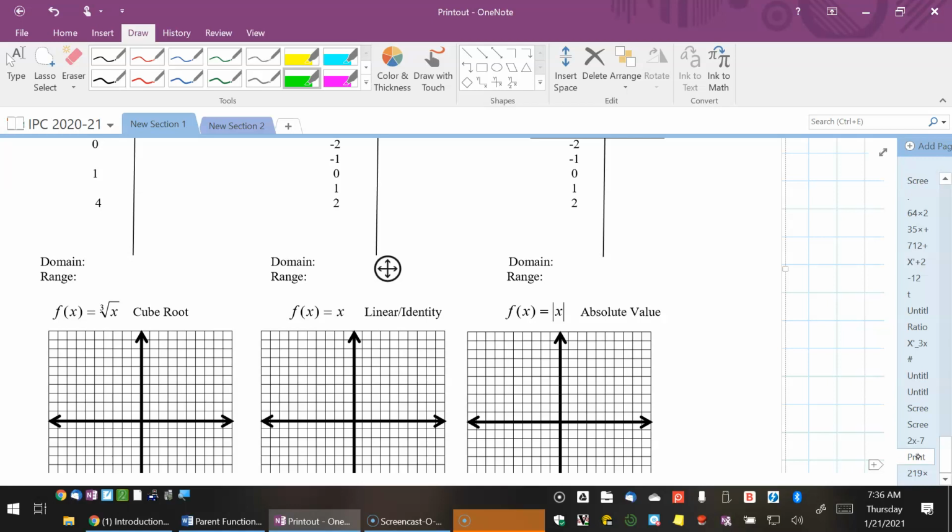Today is the day where for each function, we're going to pick some x's, plug them in, get some y's, and plot some points. The difference is we're going to do this once today. And the work that we do today, we're going to use throughout the rest of the unit. So that today is the day where we do a lot of plugging and chugging.